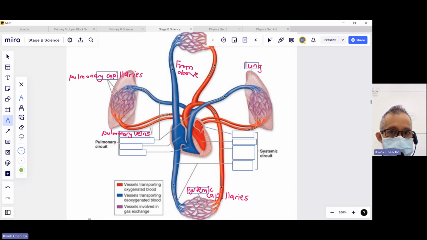Okay, from above the heart. And this one also goes back into the heart, but it's from all the portions of your body below the heart.